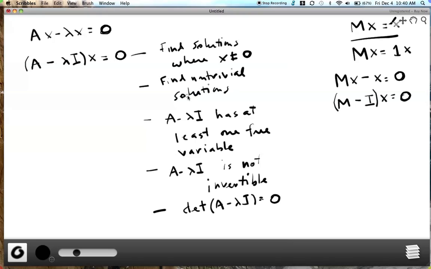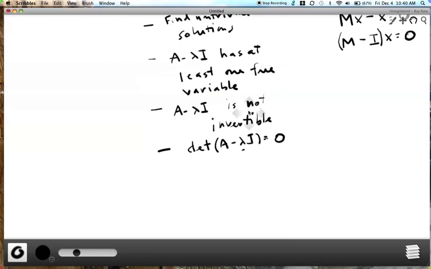So our first step here is to determine values of lambda so that this system has non-trivial solutions. And so we need to look at this determinant and then go from there to figure out what lambda is. And once we have the values of lambda, then we can compute the corresponding eigenvectors. So our plan of action looks like this.